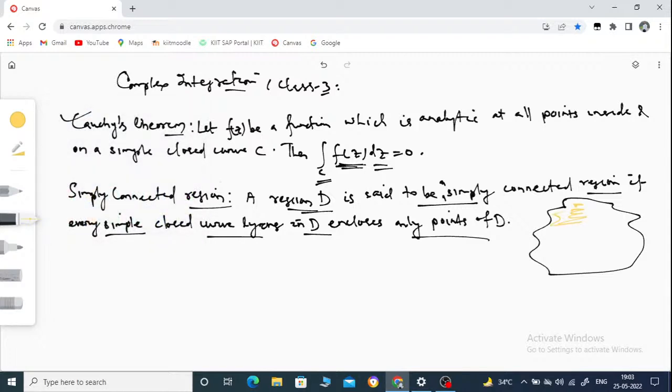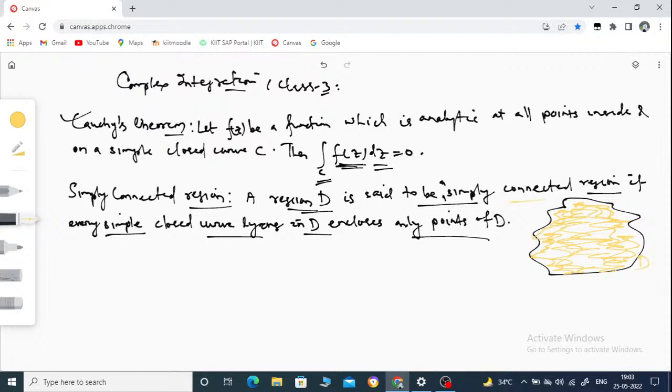I am coloring this region, and I will call it a simply connected region if this is my region D.